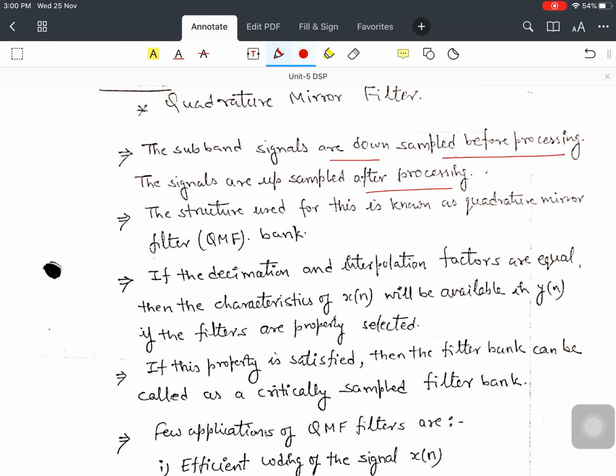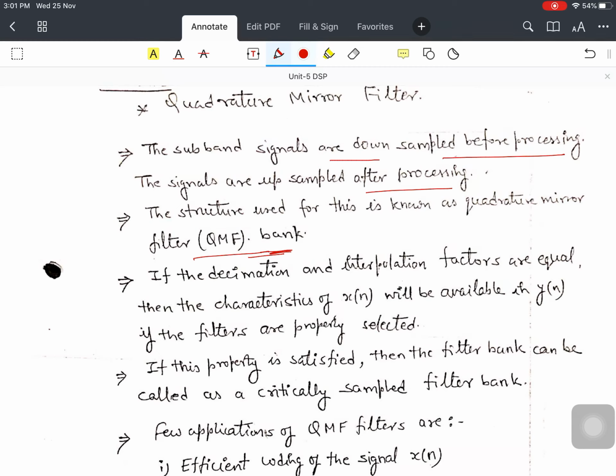The structure used for this is known as quadrature mirror filter bank. If you are using a number of filters, different filters, you are making a bank. So, that type is known as a quadrature mirror filter bank.